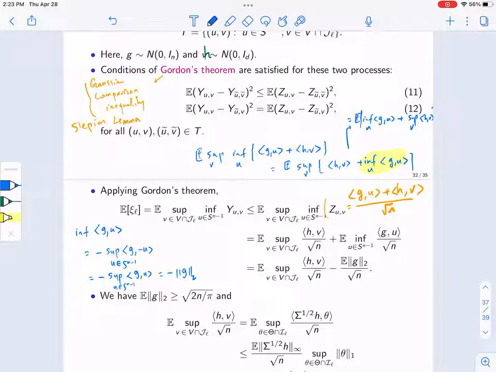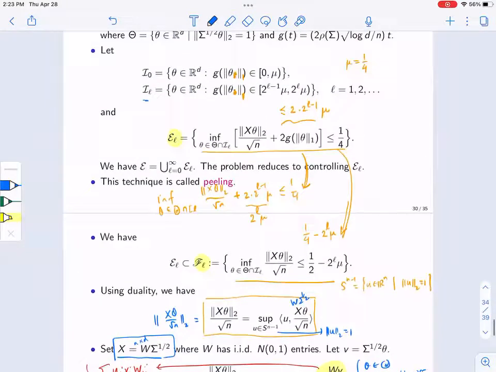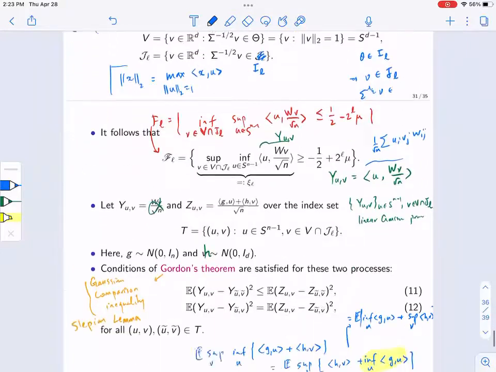Now this is the tricky part because I'm going to use this J_L. I'm going to use the fact that on this I_L, basically the L1 norm is controlled. So that's the key advantage: we're restricting ourselves to these controlled L1 shells. So that's where I'm going to use that.